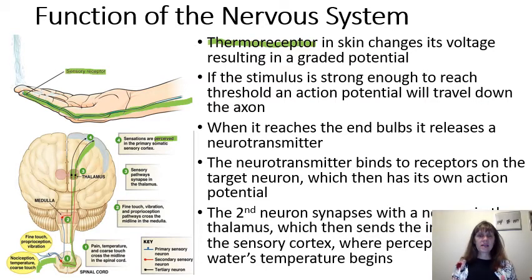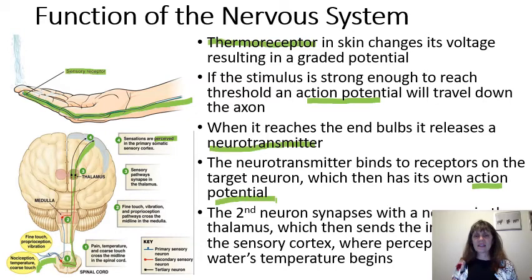So again, looking at this initial stimulus, if the stimulus is strong enough, an action potential is generated which travels down the axon. When the action potential reaches the end of the axon, it will release a neurotransmitter. The neurotransmitter binds to receptors on the target neuron, which then has its own action potential.